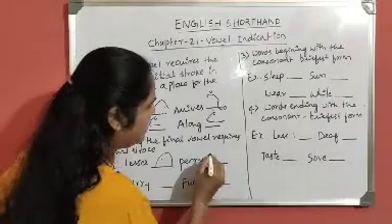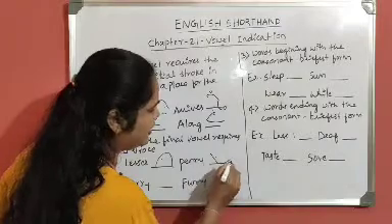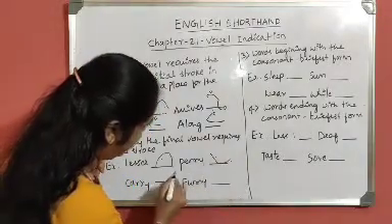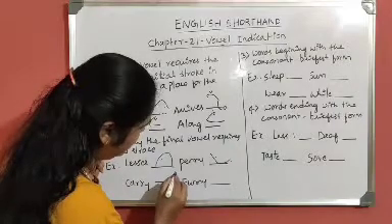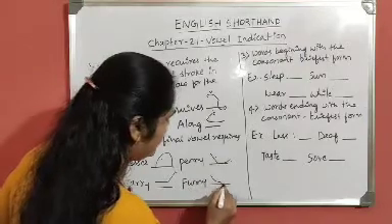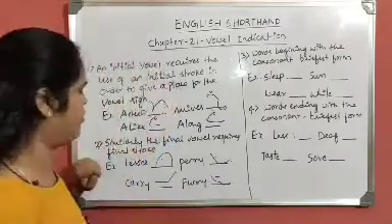Then penny: P, N, A oval, after N, E oval. Next one is carry: K, R, A oval, after R, E oval. Then funny: F, N, after N, E oval.